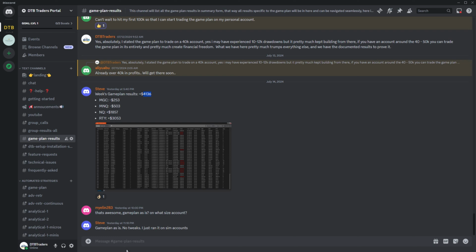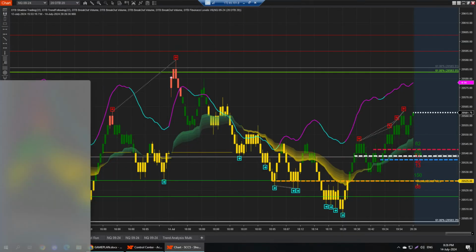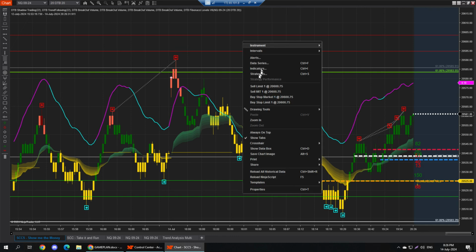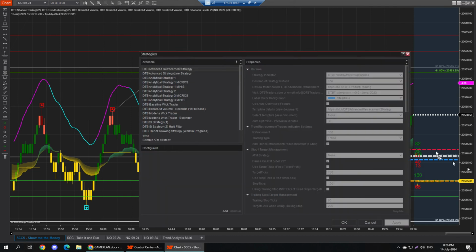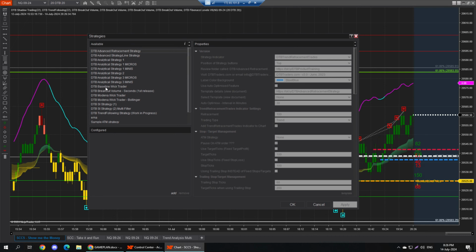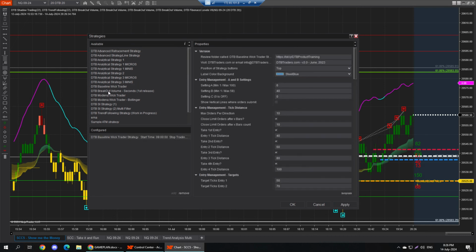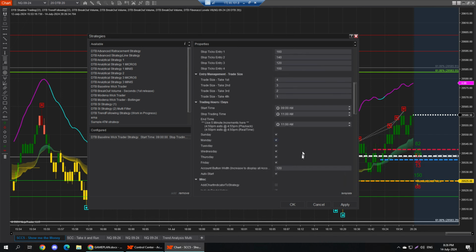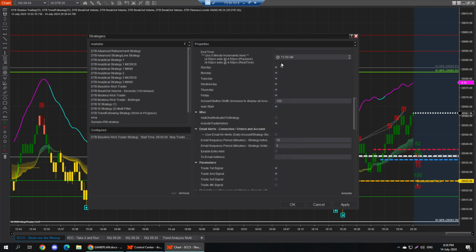So the strategies have settings in them. If I just go to the strategy settings over here, look how this is still going up. Beautiful. So the strategies all have a box in here to choose which day of the week. So for the week ahead, I'm going to optimize Tuesday, Wednesday, Thursday.